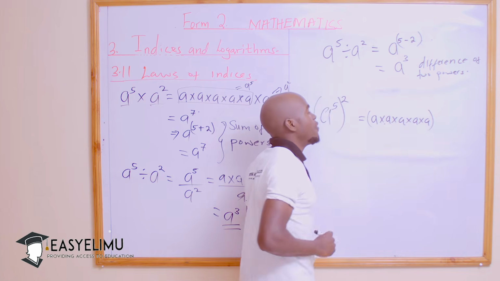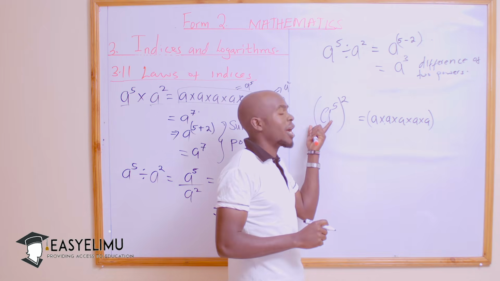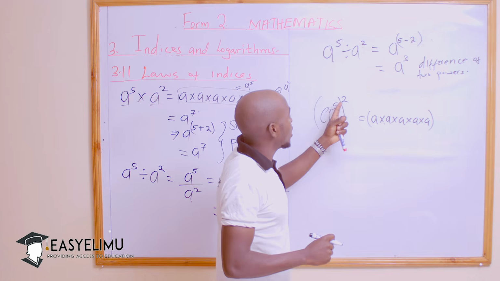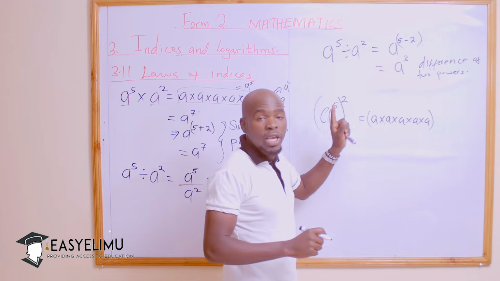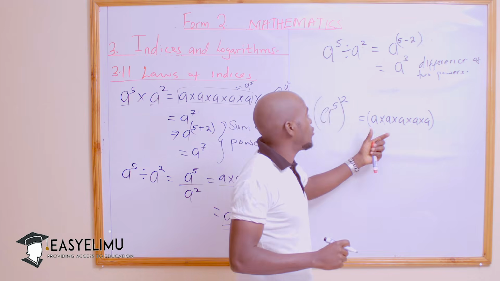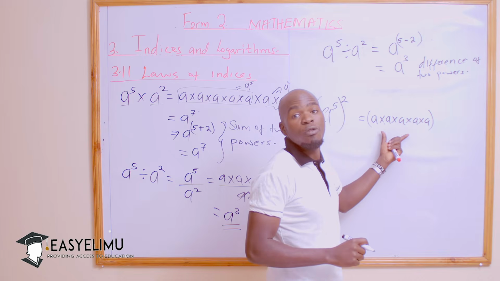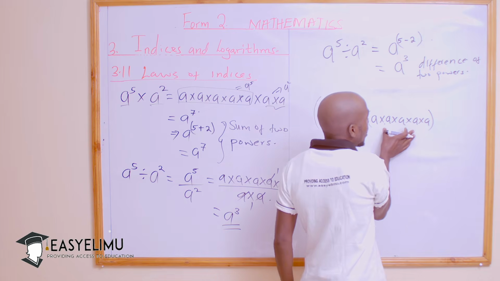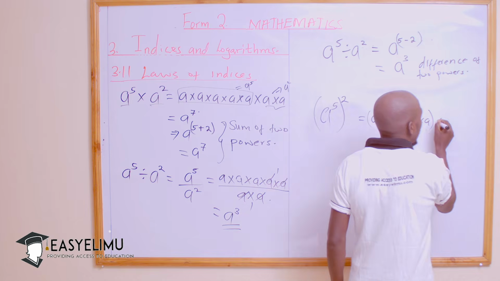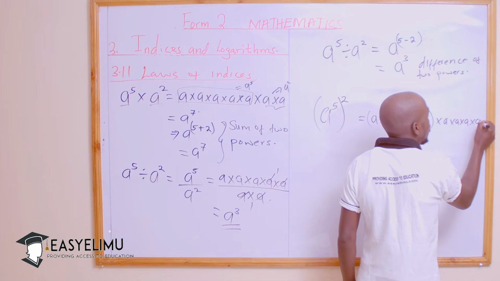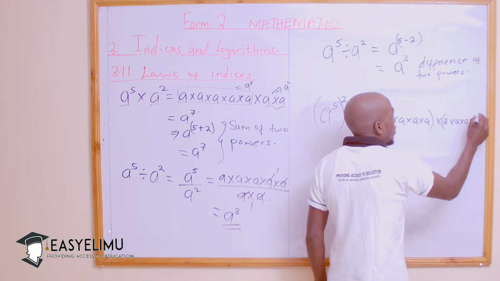Then whatever you have in the bracket is being squared. If you write it in long method, the first one being squared means you take the same value and multiply it by itself twice.